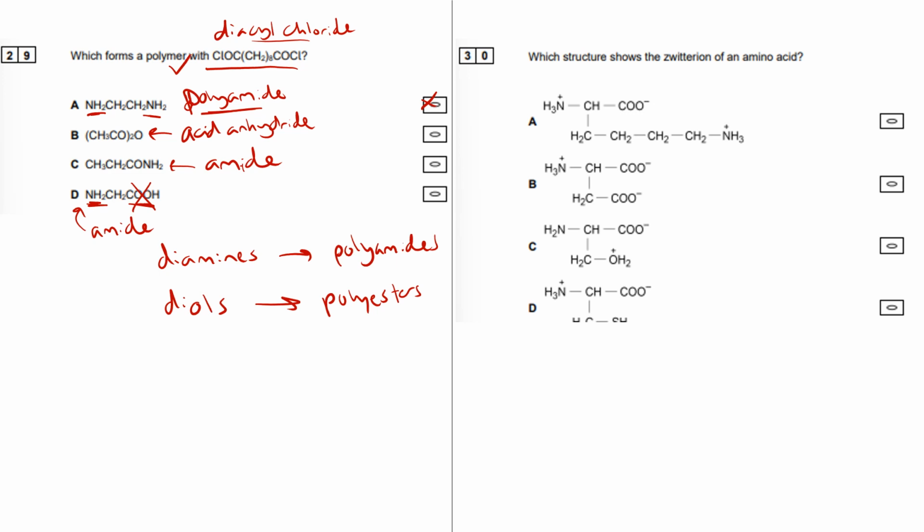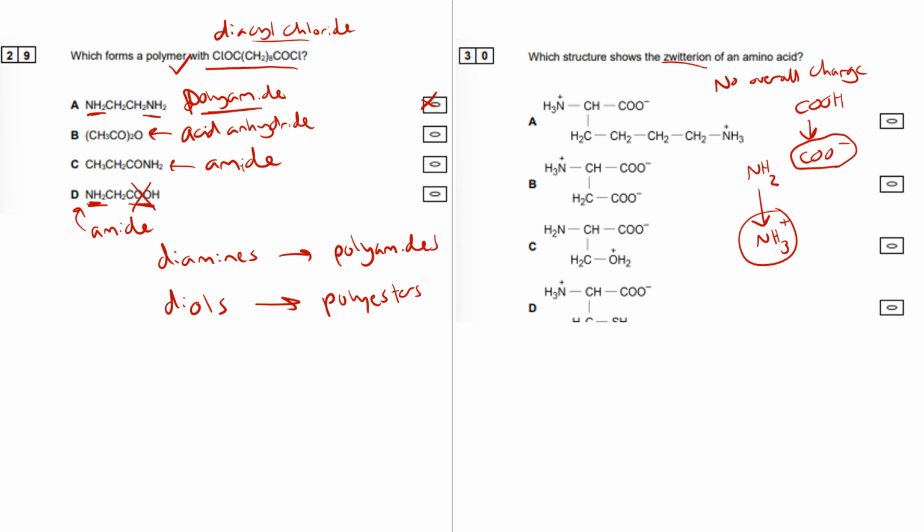Question number 30. Which structure shows a zwitterion of an amino acid? So a zwitterion is going to be one with no overall charge, and it happens as the COOH of one amino acid donates its proton, and the NH2 of another amino acid accepts a proton. So you're going to have no overall charge with a COO- group and an NH3+ group.